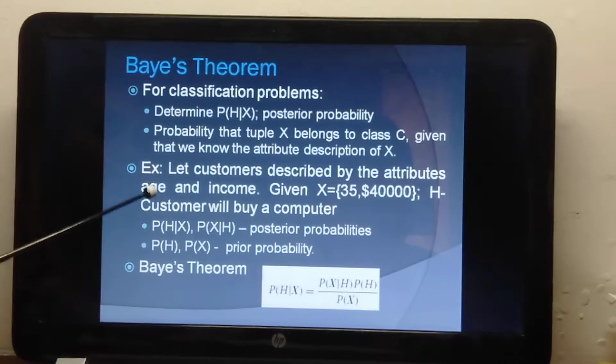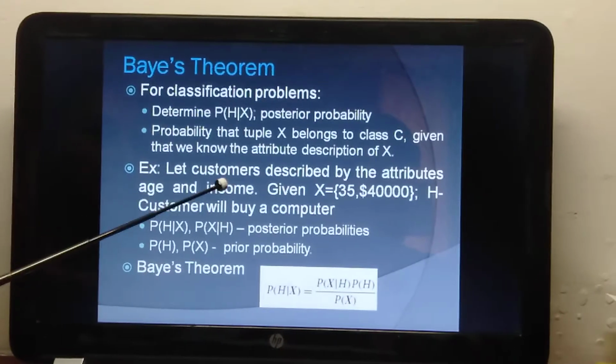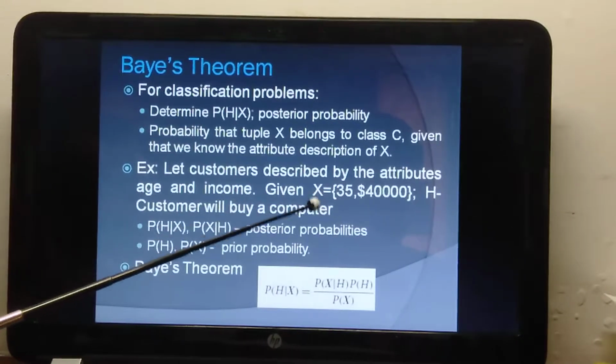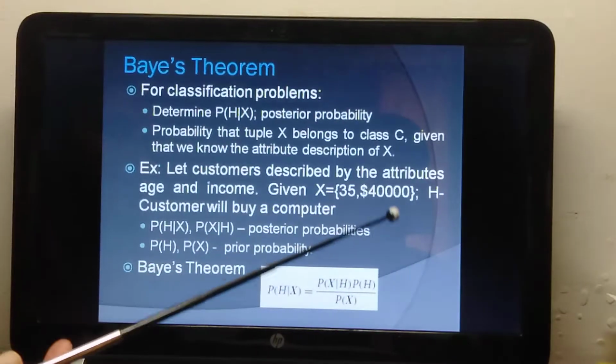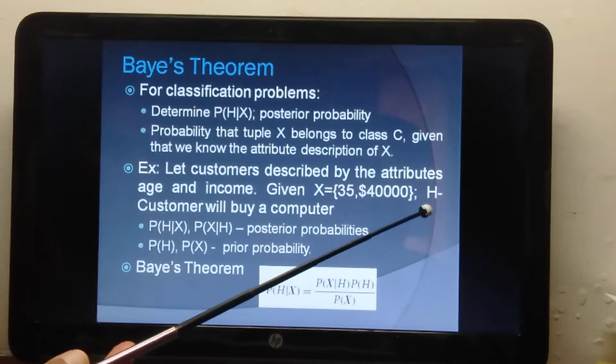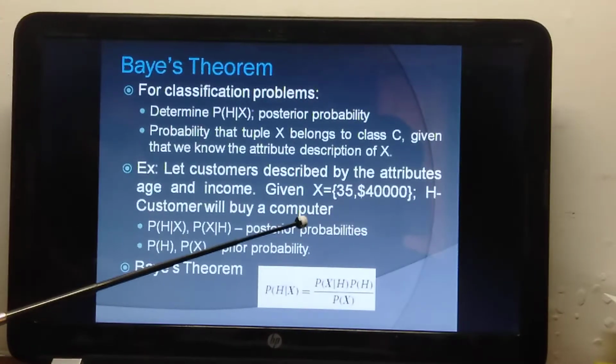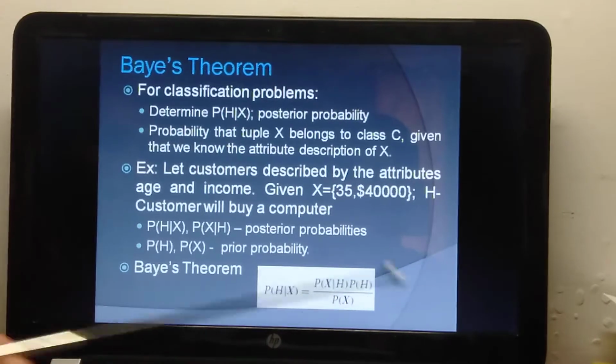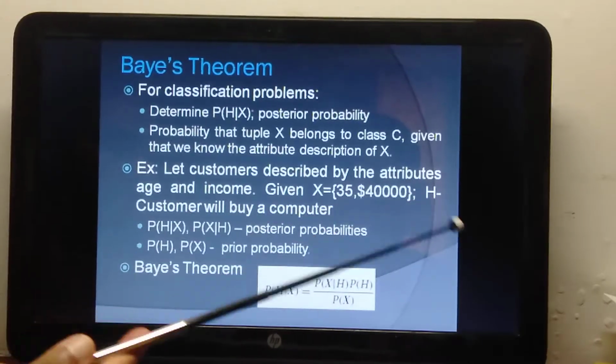So, an example: let the customers be described by the attributes age and income. If X is equal to 35 and 40,000, H is, will the customer buy a computer? It is either yes or no. So, H is yes.